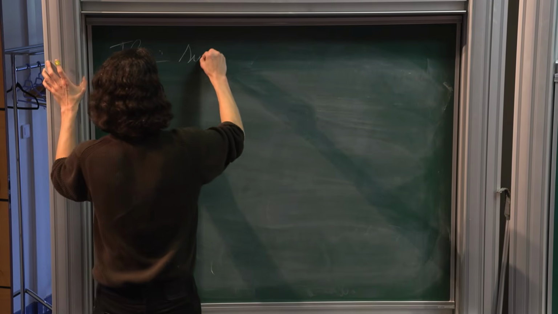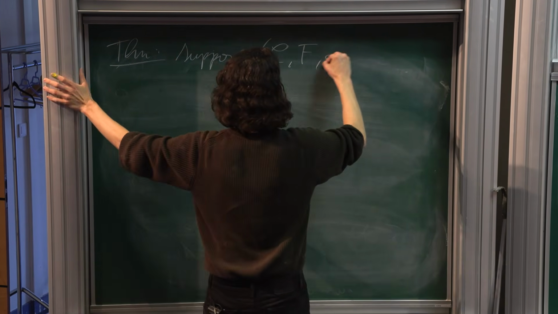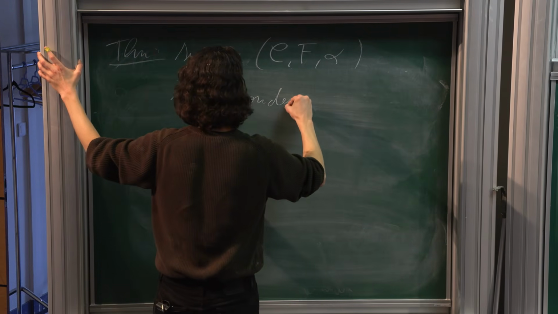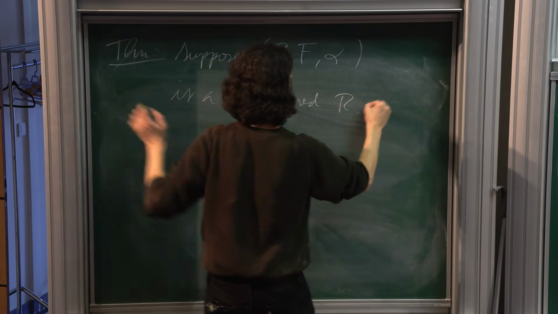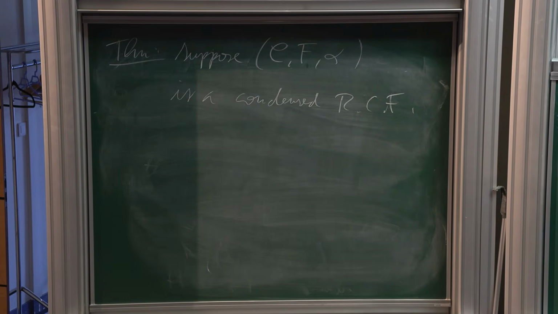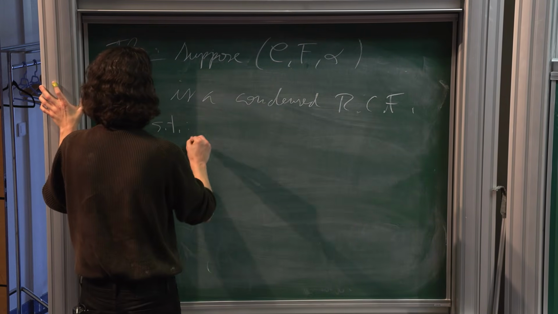So suppose CF alpha is a condensed refined class formation. I just mean that this cosheaf takes values in derived condensed abelian groups such that, okay, now I'm going to have some axioms.